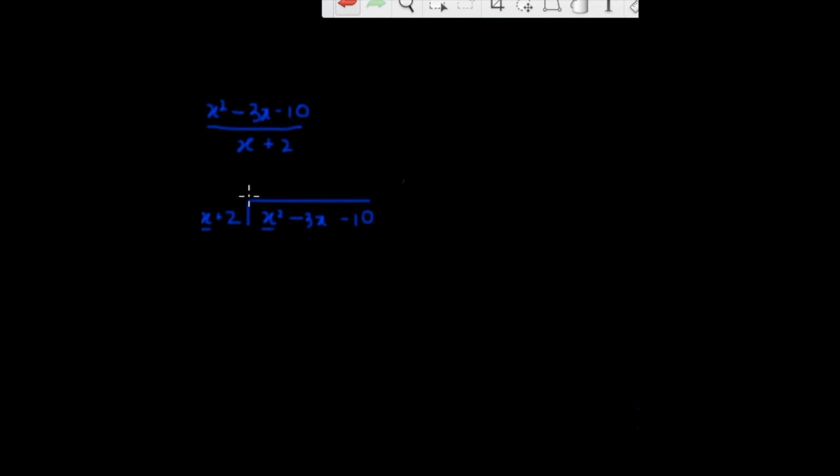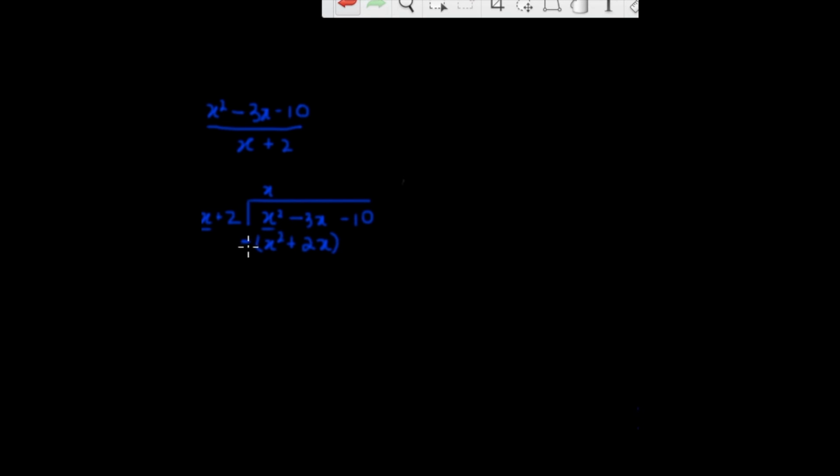To get x squared, you'd have to multiply x plus 2 by x. So you'd write x on top. Then multiply each of the terms of the divisor by x. That would mean you'd have minus x squared plus 2x.